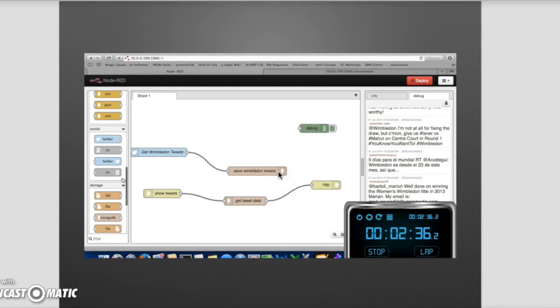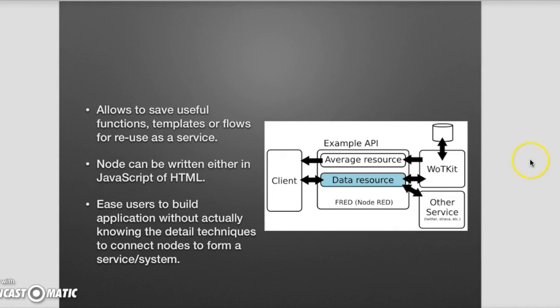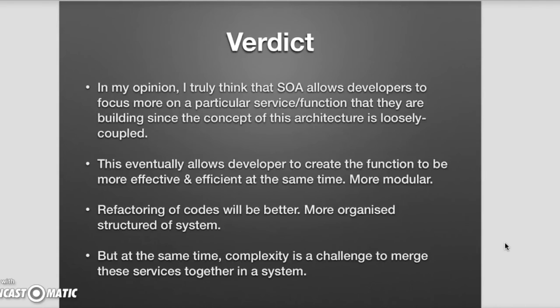So it helps us to integrate from different platforms, just like that. Node-RED allows you to save useful functions, templates, or flows for use as a service, and nodes can be written in JavaScript or HTML. This looks similar to IBM Bluemix, where it helps you to connect these services and build a system out of it.